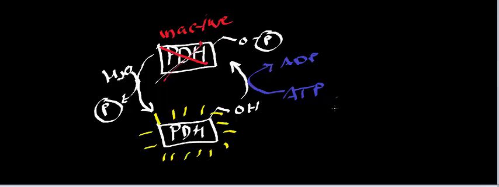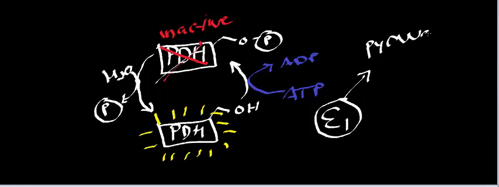It's specifically phosphorylating the enzyme 1 component of pyruvate dehydrogenase. So remember that enzyme 1 was specifically pyruvate dehydrogenase. The other ones were dihydrolipoyl transacetylase and dihydrolipoyl dehydrogenase.